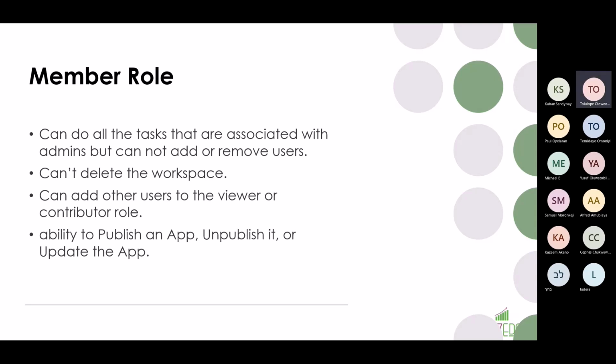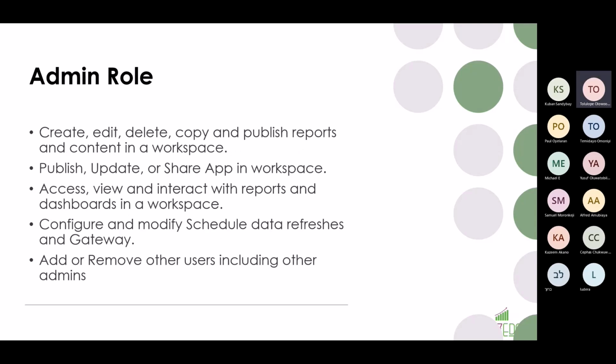And the next role is the admin role. This admin role is the ultimate role. He can do everything that every other role can do. But the most significant thing is that he can even delete the whole workspace. So when assigning user roles to people, don't make the mistake of thinking, oh, he's the head of the department, he should have the admin role.